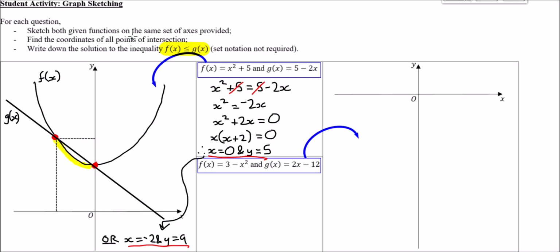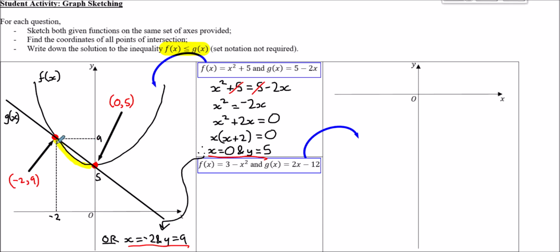So just labelling on these coordinates. That's minus 2, that's 9. This is where y is 5. So this one here, that coordinate is minus 2 and 9. And this coordinate there is 0, 5. So just going back to what I was saying earlier, where is f of x less than g of x?